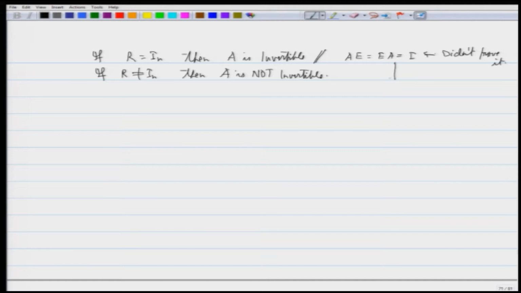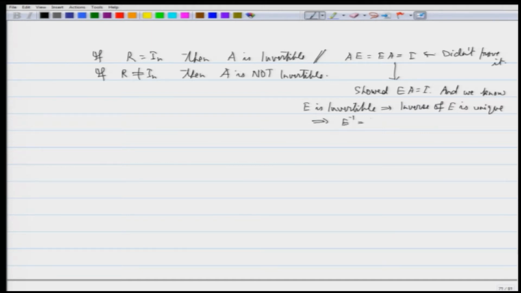What we did instead was, we just showed E times A was identity, and we know E is invertible, and therefore this will imply that the inverse of E is unique, and therefore this gave me that E inverse is A, and this implied that A is invertible.